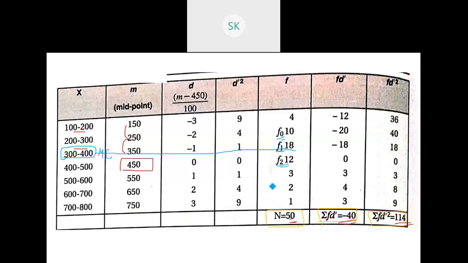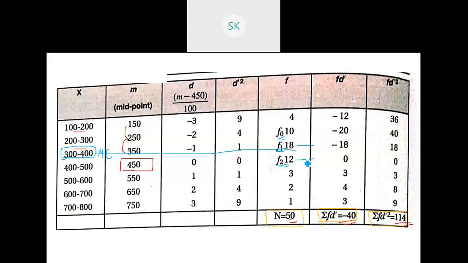Now, in a few problems, before I go to the formula, if the difference between the highest frequency and the next highest frequency is very less, carefully listen, I'll repeat it again, in that case we are supposed to calculate the mode using the analysis table. I hope all of you remember the analysis table.